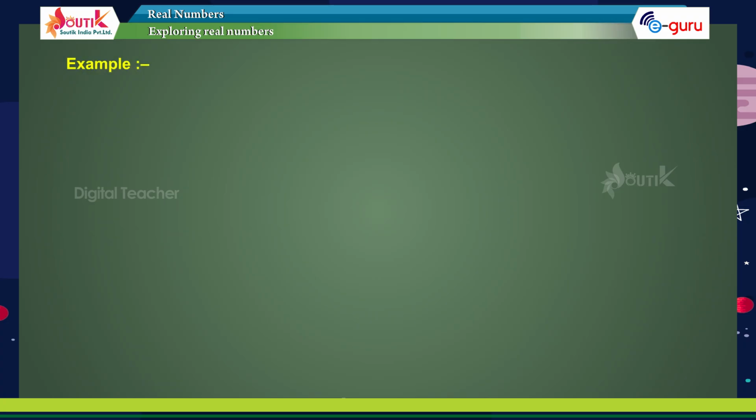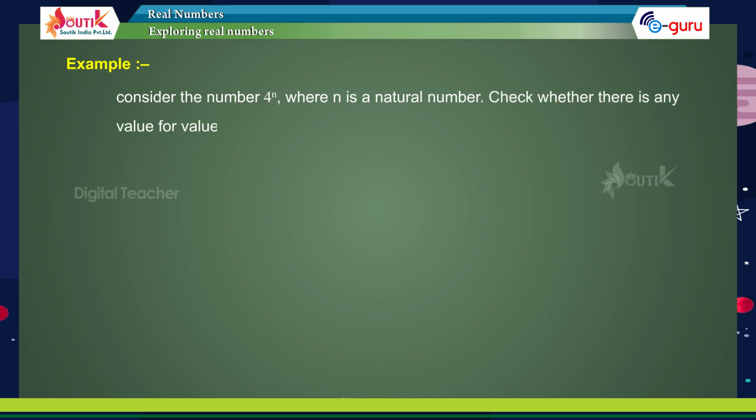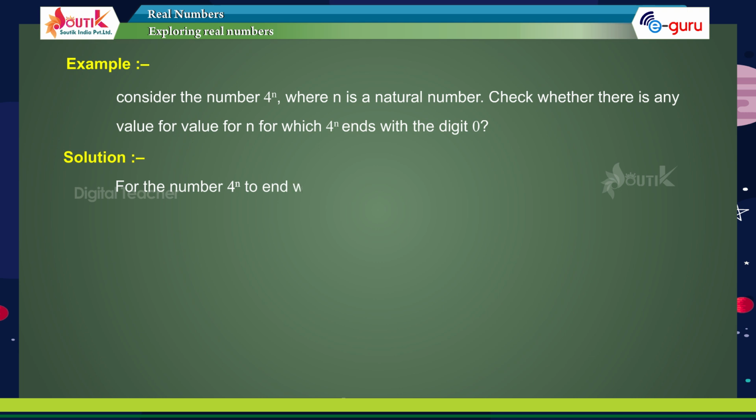Example: consider the number 4 to the power of n, where n is a natural number. Check whether there is any value of n for which 4 to the power of n ends with the digit 0. Solution: for the number 4 to the power of n to end with digit 0 for natural number n, it should be divisible by 5.